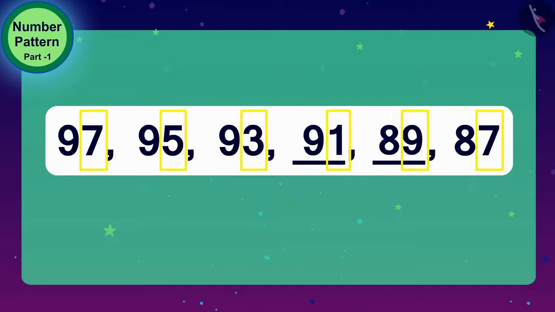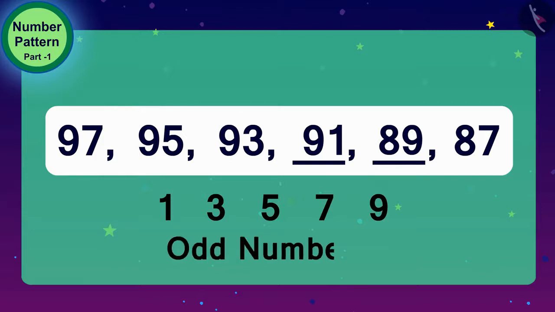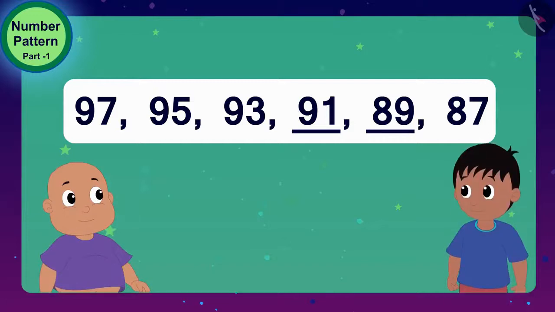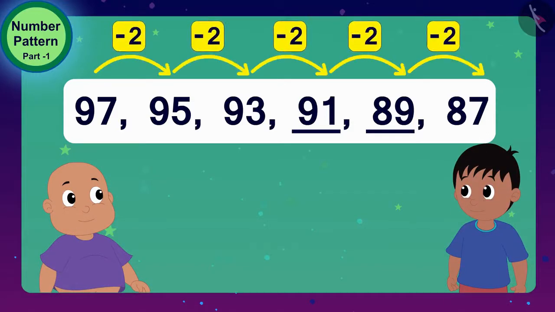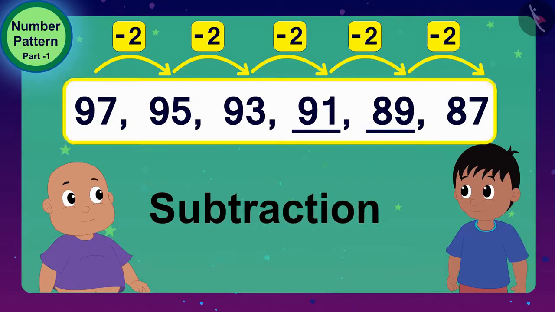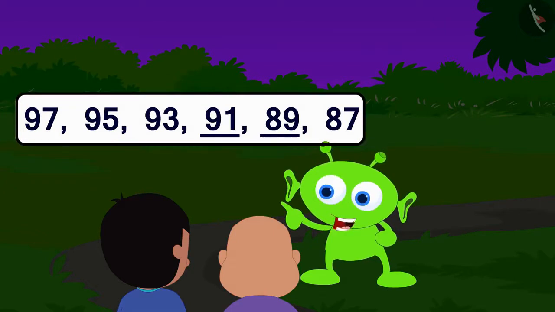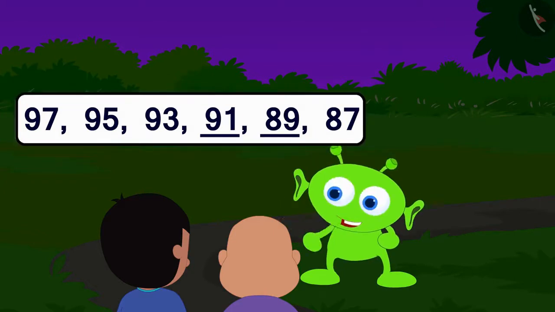Such numbers which have digits of 1, 3, 5, 7 or 9 in the one-digit place are called odd numbers. Raju and Bablu, like you, completed this number pattern by using the subtraction process. Amazing! You both have found the solution to this puzzle perfectly.